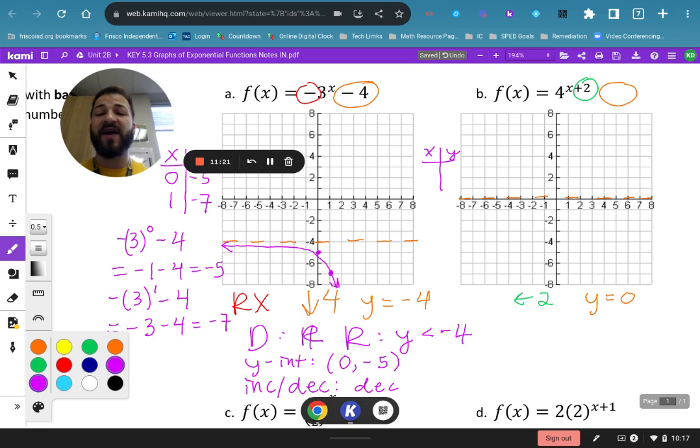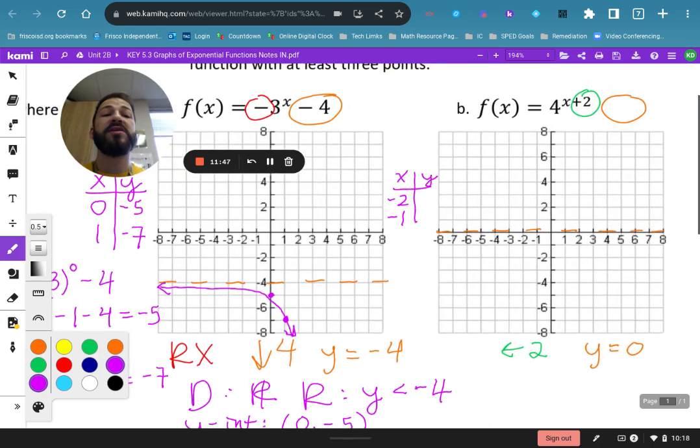So for our x values, I'm actually going to shift those values we plug in by that 2 so that I still have an exponent of 0 and an exponent of 1. So I'm going to plug in -2 and -1. Plugging in -2 and -1 to our function is still going to give us an exponent of 0 and an exponent of 1 when we're evaluating it out.